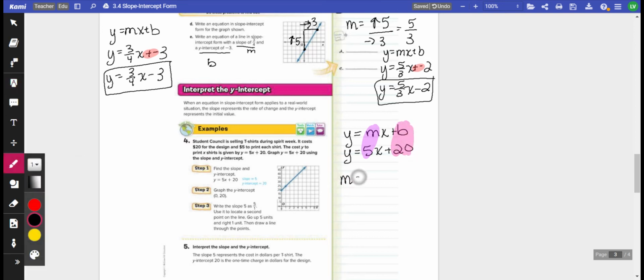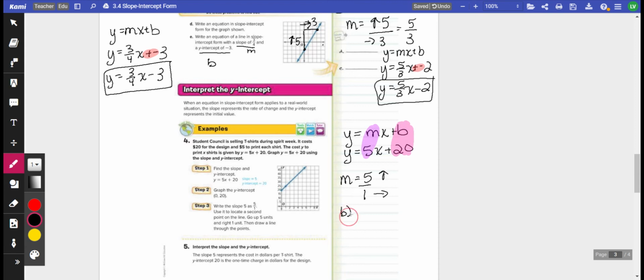So if I have my slope of 5, that's telling me that I'm going to go up 5. I don't know what direction I'm going to go from there, whether it's left or right, because I don't have a denominator. So I'm going to make 5 into a fraction, 5 divided by 1. Well, the 1 is positive, so I go to the right one. So each time I'm going to go up 5 to the right one.